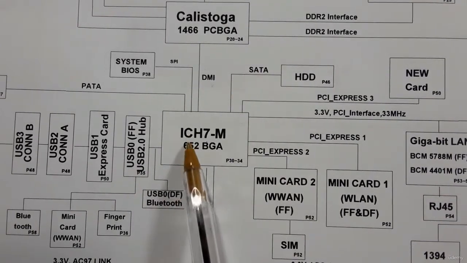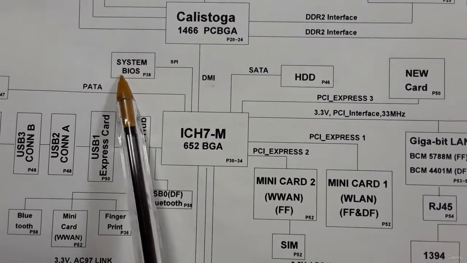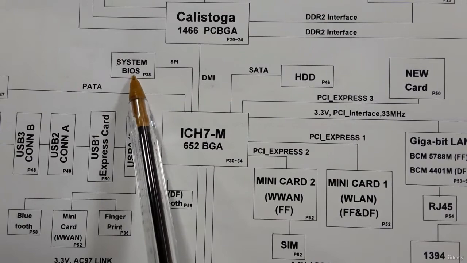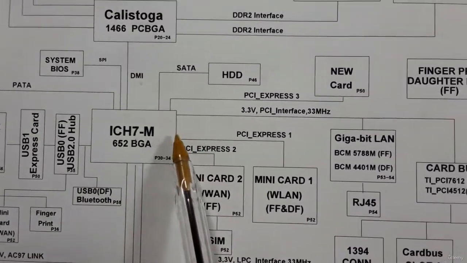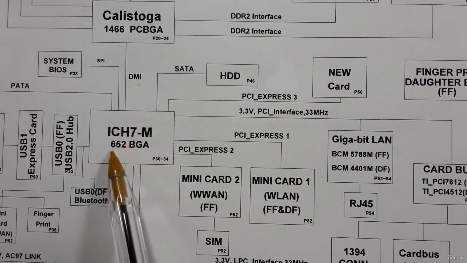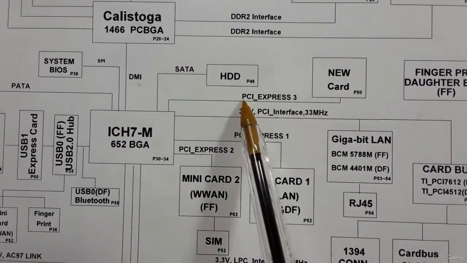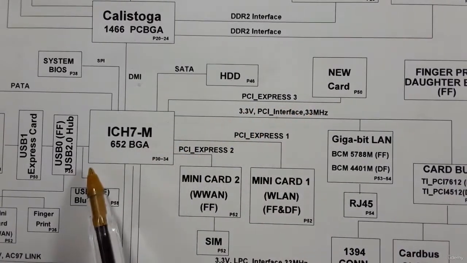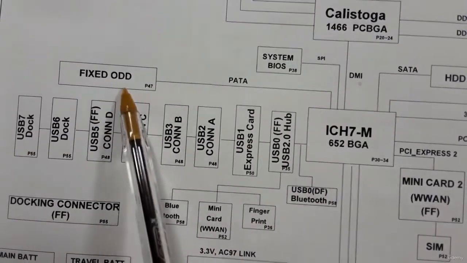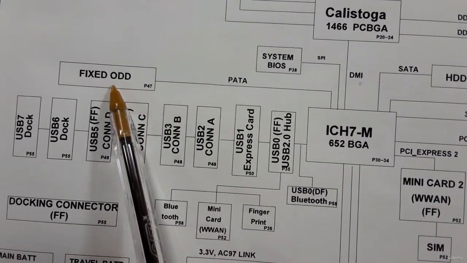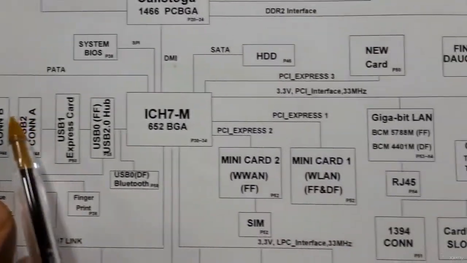Also it is connected to the system BIOS, the basic input output system. The ICH is connected also to new cards via PCI Express 3. Also it is connected to the ODD or optical disk drive, a fixed optical disk drive.